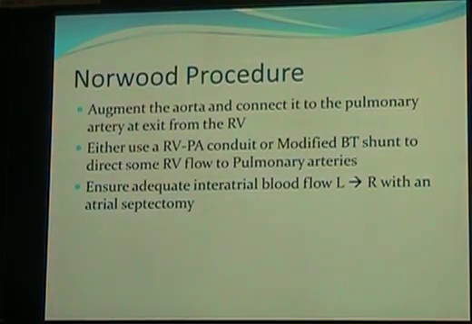But in order to get blood out the aorta, you must ensure that the blood is coming through an atrial connection. And so an atrial septectomy is typically done to enlarge this communication. And I'd like to show you a cartoon video which demonstrates this, so I'll help to understand how the Norwood is done and where things may run into problems after.